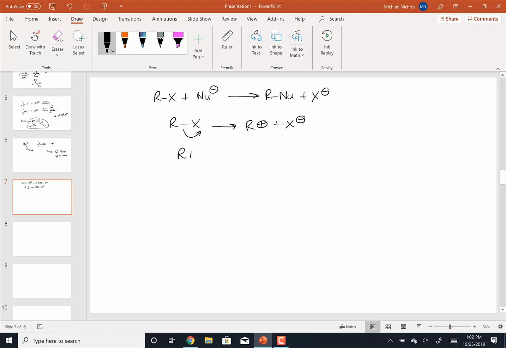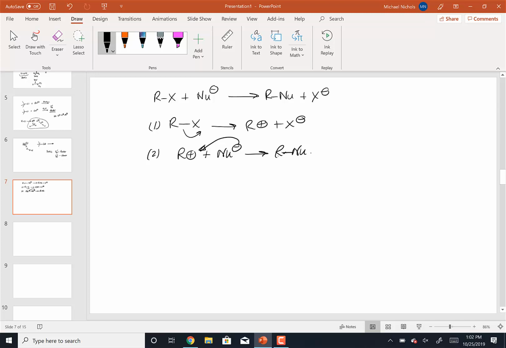And then you take the carbocation and react it with your negatively charged nucleophile to form the final substitution product. So we did basically a two-step mechanism for the SN1 reaction.